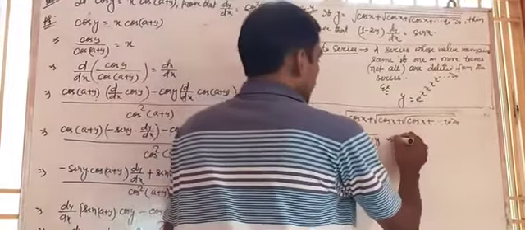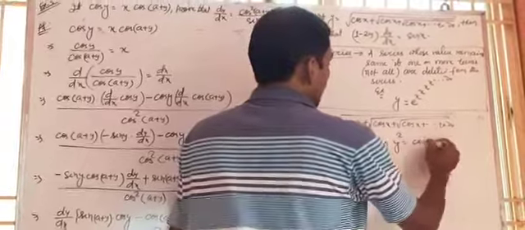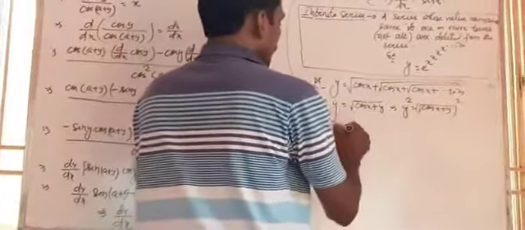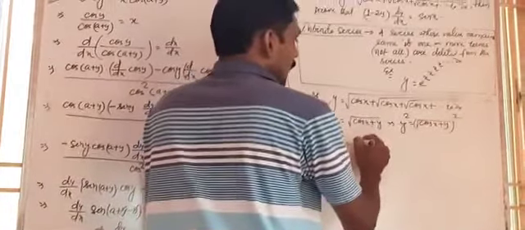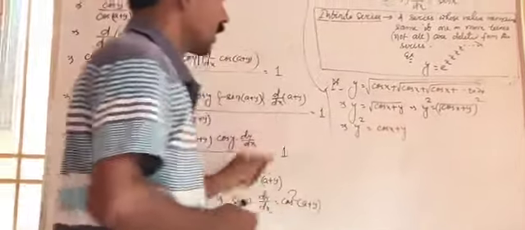Then if we square both sides, y square equal to cos x plus y, the root over whole square. So y square equal to cos x plus y.